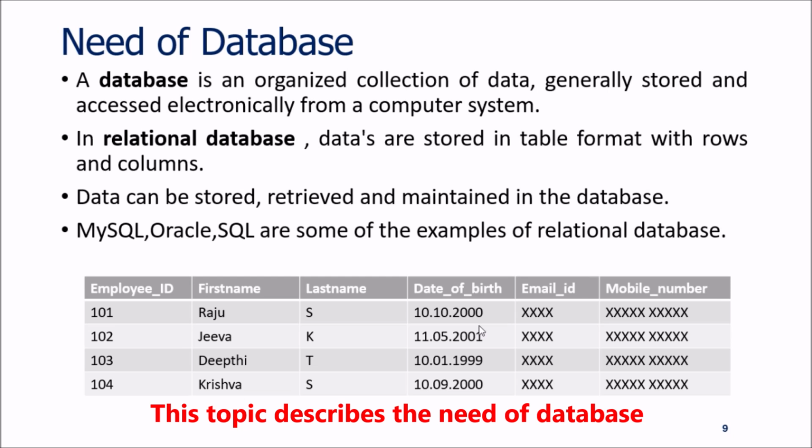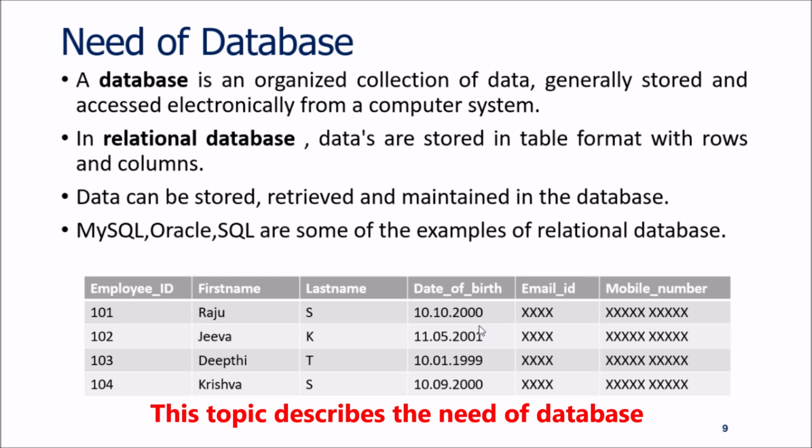Some examples of relational databases are MySQL, Oracle, SQL, etc. Data can be stored in any one of these databases and we can access these data whenever we want to make useful information. This useful information will help to make business decisions.